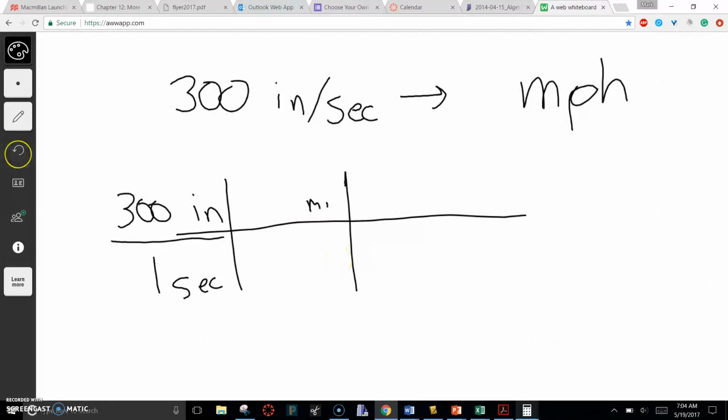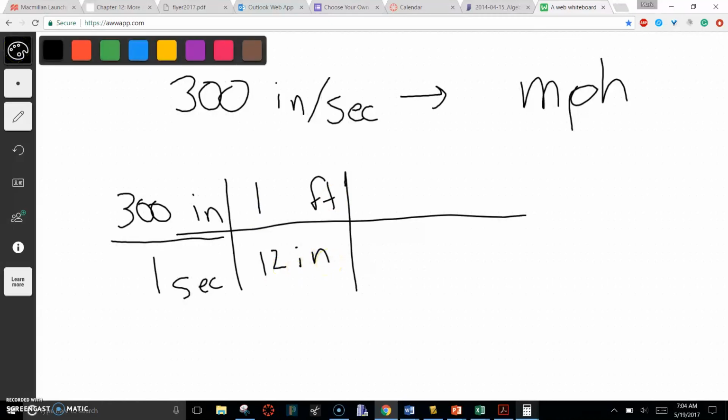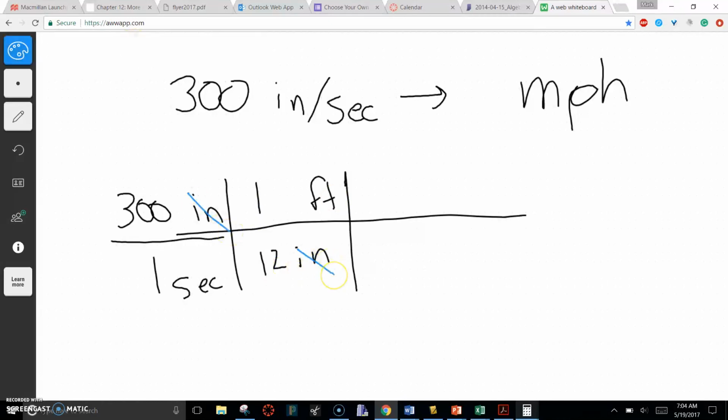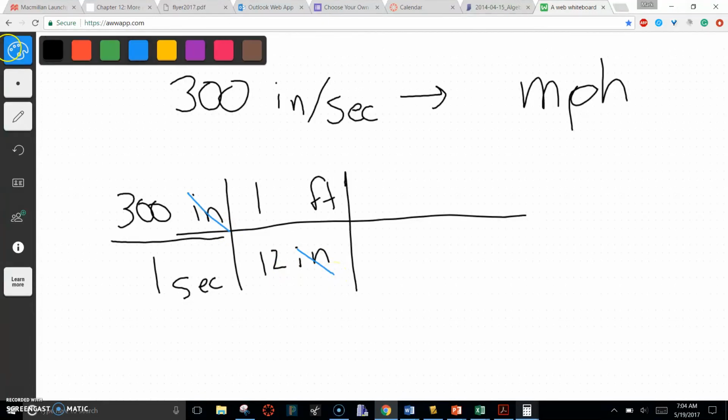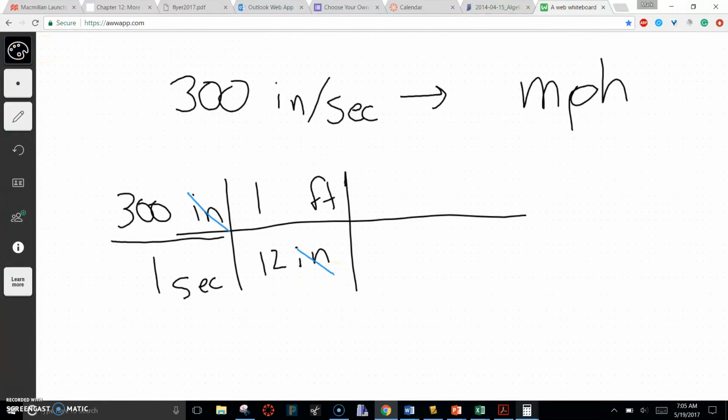Well, again, we have some problems. I do not know how many inches there are in a mile, so we're going to have to go to feet first. And I know that in 1 foot, there's 12 inches. Again, these inches would cancel, but I don't have the right unit yet, because that's in feet.